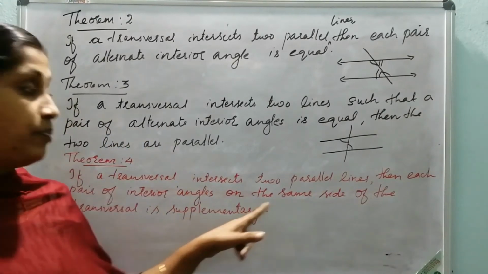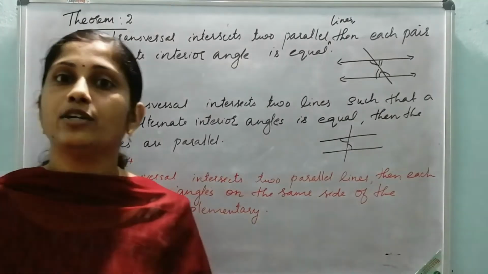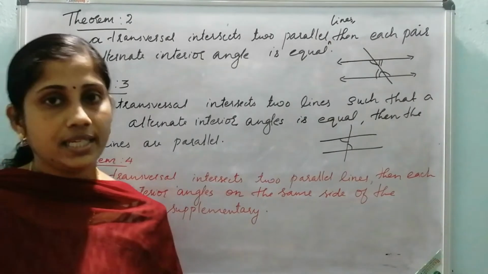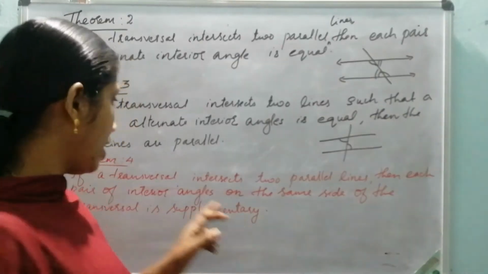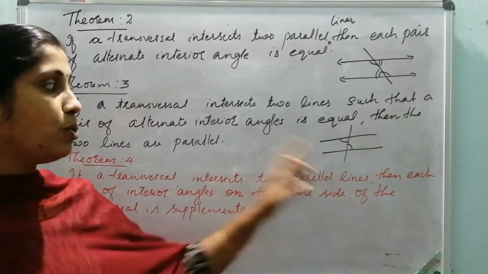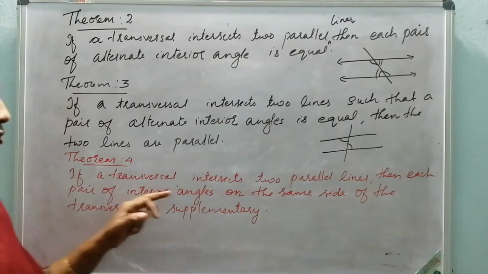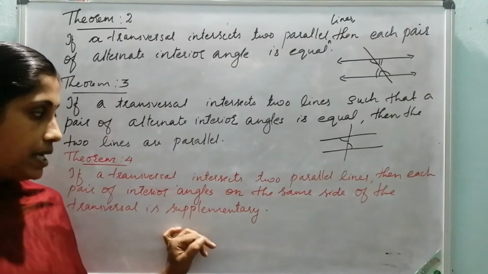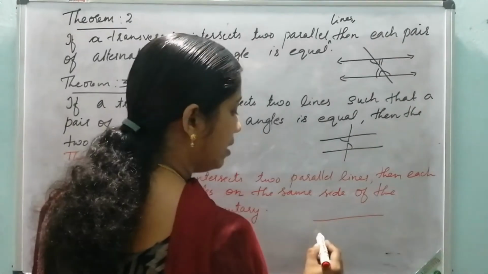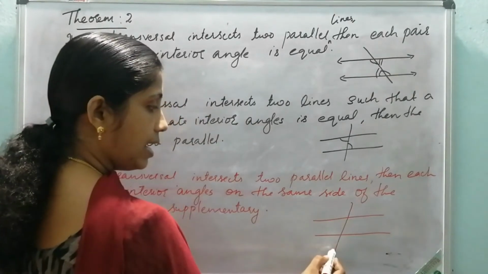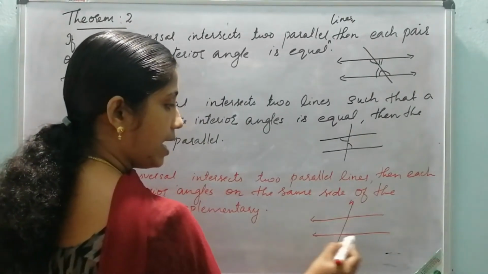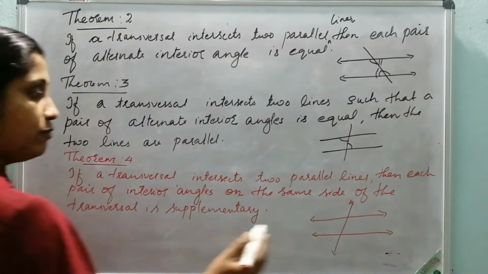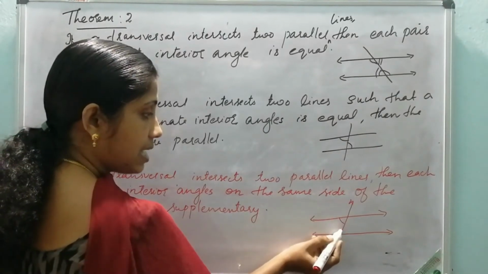Here we are talking about the interior angles on the same side of the transversal. Interior angles on the same side of the transversal means co-interior angles or consecutive interior angles. If a transversal intersects two parallel lines, then each pair of interior angles on the same side of the transversal, that is co-interior angles, is supplementary.